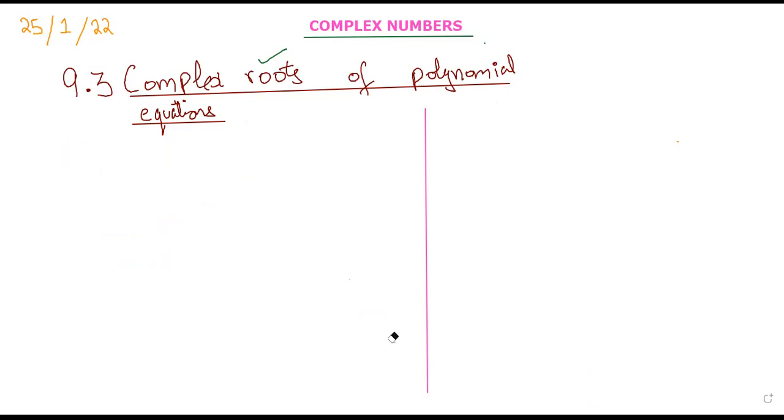Let's say we have another question. z equals -2 plus iota is a root of z cube plus z square minus 7z minus 15 equals 0.